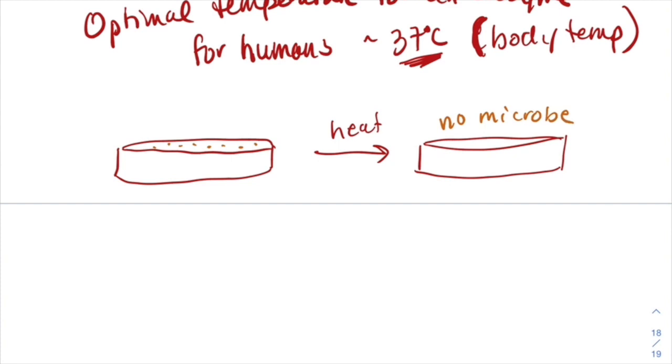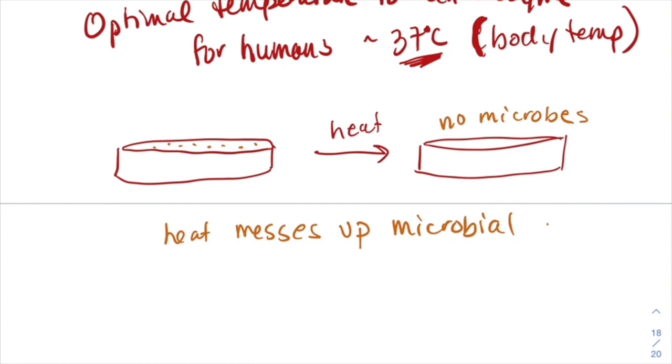One of the things that heat does to kill microbes is that heat messes up microbial proteins. Let's say our enzyme Q that looks like this is a bacterial enzyme.